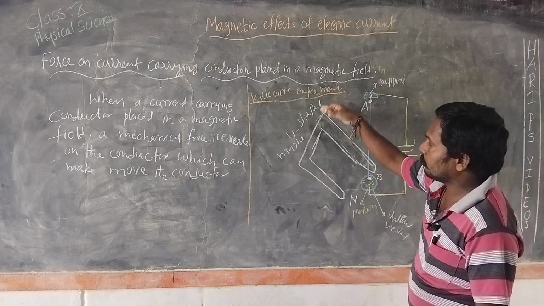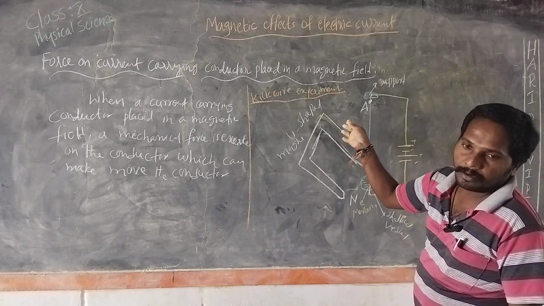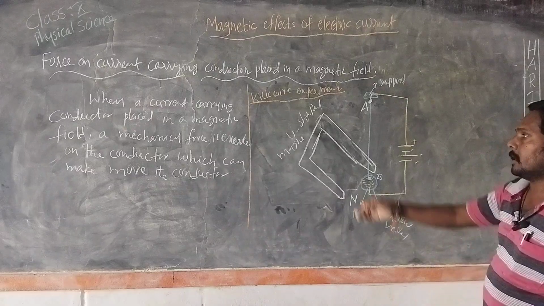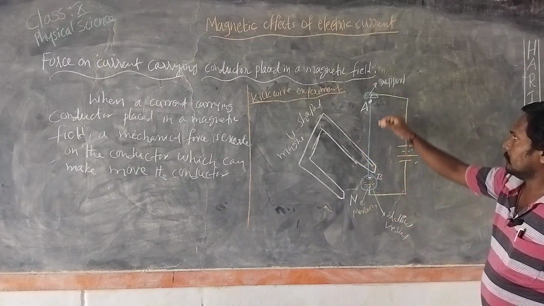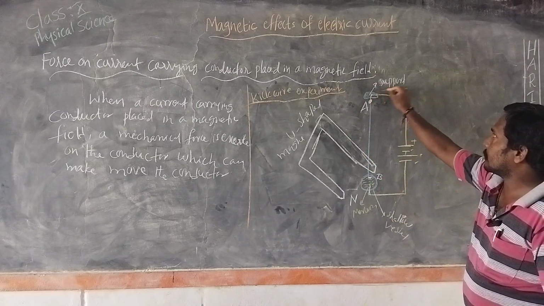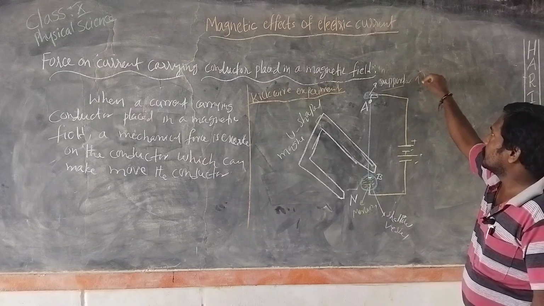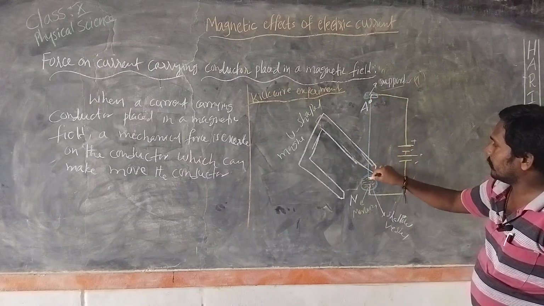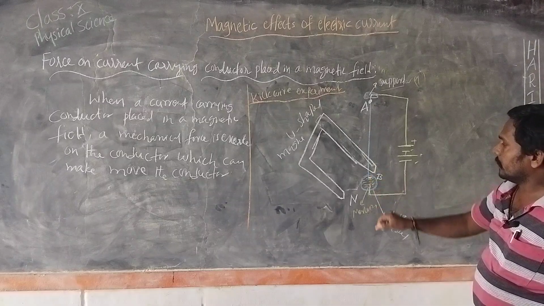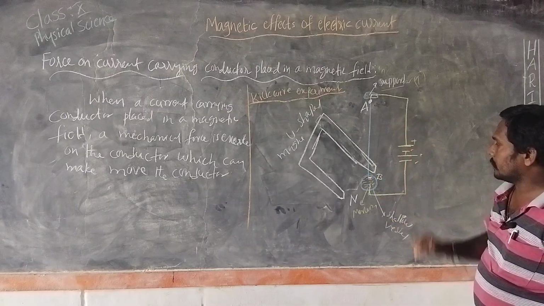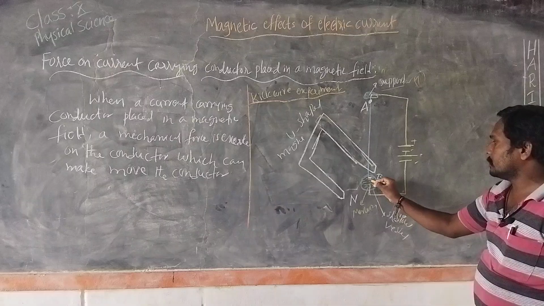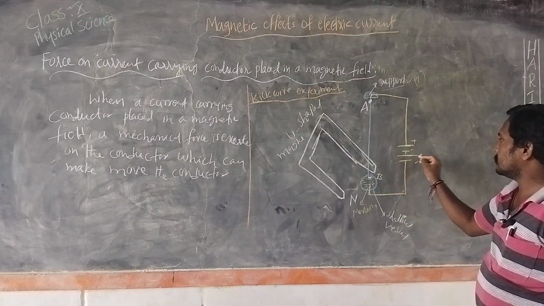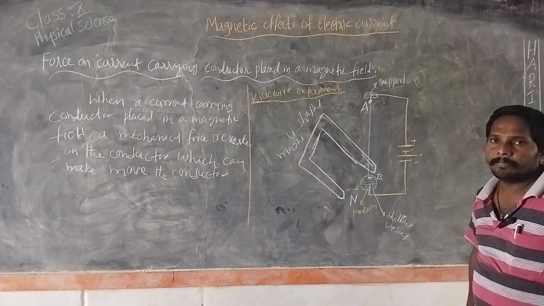Here we have to take one more support for the bar magnet. Then a wire is suspended through a supporter T. One end is A, the other end is B. The other end B is connected with another wire which is connected to a battery or a cell.